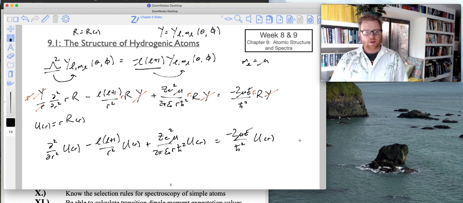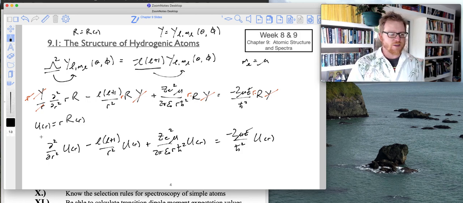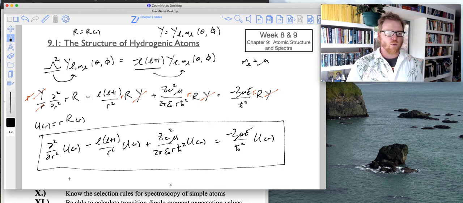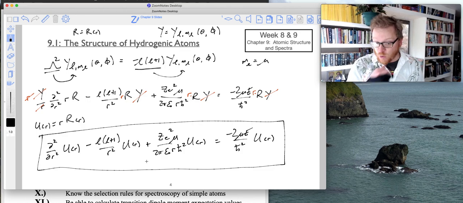Okay, brilliant. So now I'm going to go to the next slide where I've got this equation written, and what I want to do is collect like terms. I'm going to collect like terms for the kinetic energy and for the potential energy. So when I go to this next slide, it's the same equation here, but we've just rearranged it so that we can talk about this equation in a meaningful way.